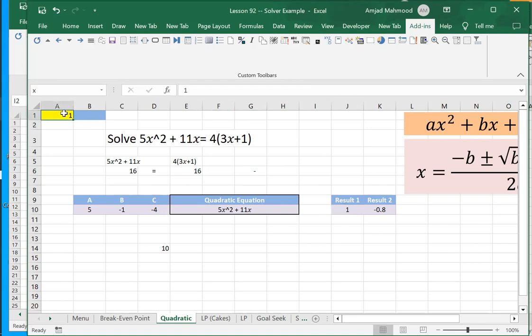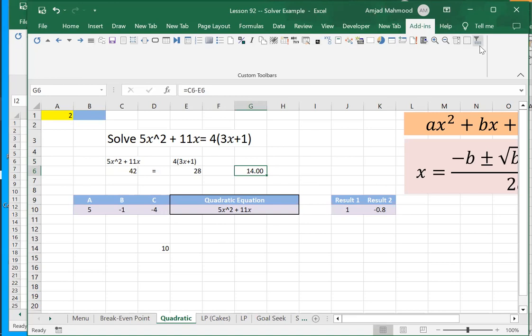If you put 2 in here, it is no longer 0. It means it fails. Since this equation is equal to that equation, these two values have to be the same in order to get a 0 in here.